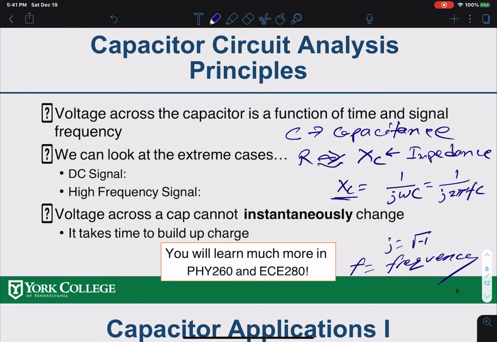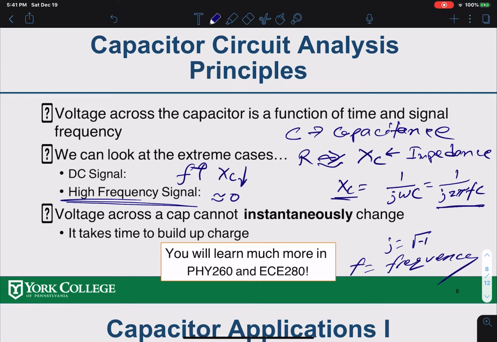So if your frequency goes really, really high, your impedance goes really, really low. That means X_C goes down when your frequency goes up, right? For a high frequency signal, your capacitive impedance would be close to 0.